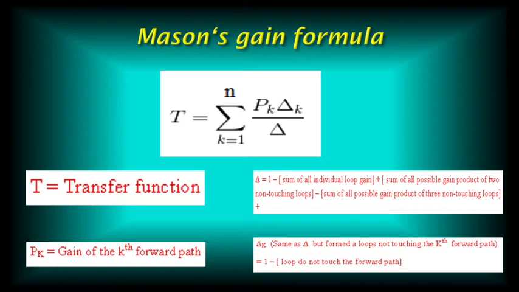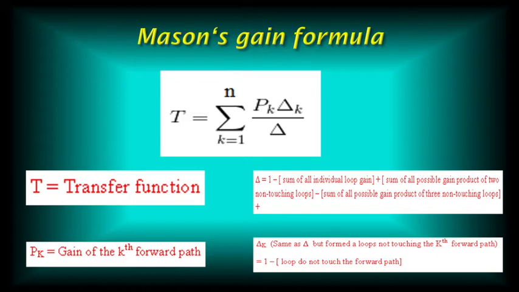And what is delta? Delta equal to 1 minus summation of all individual loop gain. The next term, plus summation of all possible gain product of two non-touching loops. Then minus summation of all gain product of three non-touching loops.